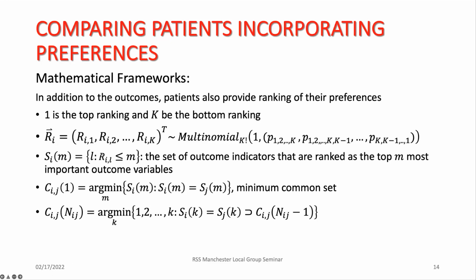From this rank we can grow the sets: the first top one is the first set. So patient I has the first set, the variable of the rank you choose, and we can grow the top ranking sets. If you have 2 patients I and J, we can decide which are the common sets. The first one is the minimum common set, and the last one is the largest common set, which includes all outcomes.